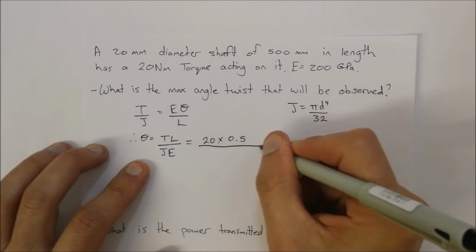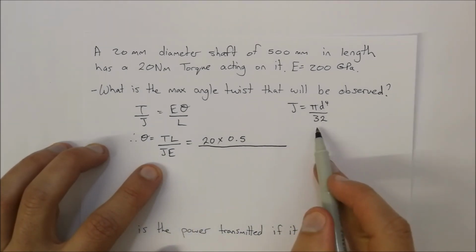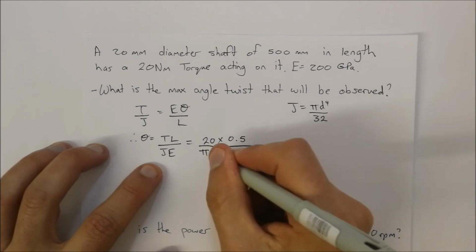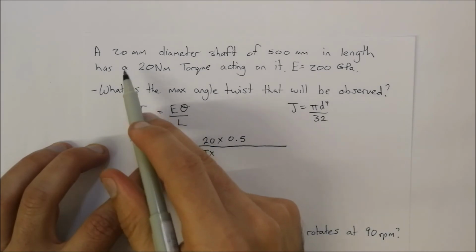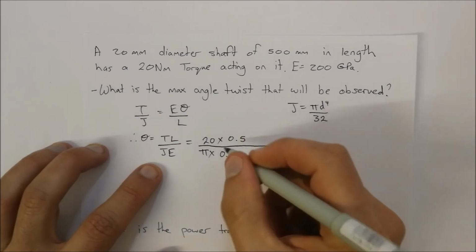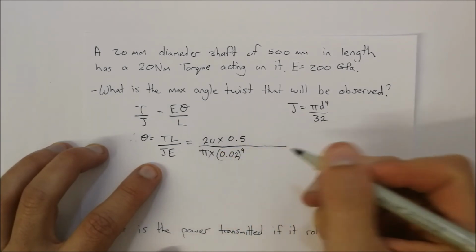Divide by J. Now remember, J is pi d to the power 4 over 32. So I can just complete that over here. That's pi multiplied by d. D, we are told, is a 20 millimeter shaft, so that is 0.02 to the power of 4.